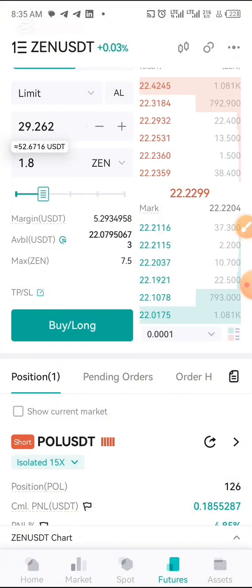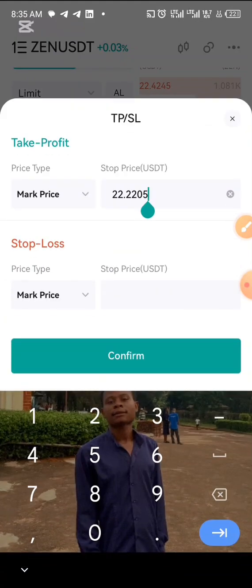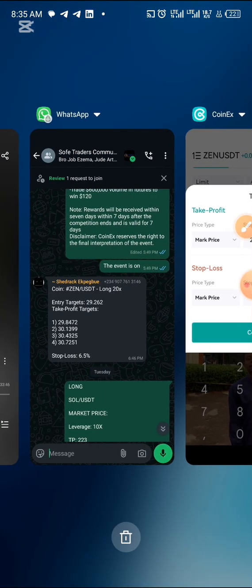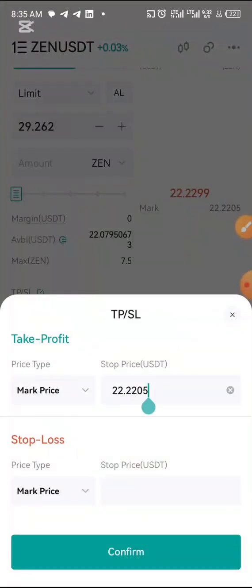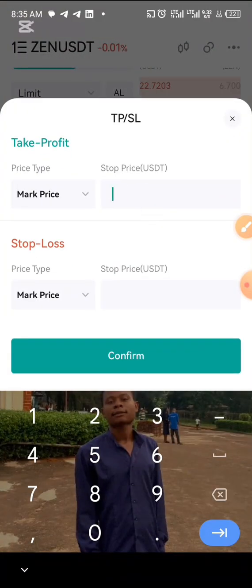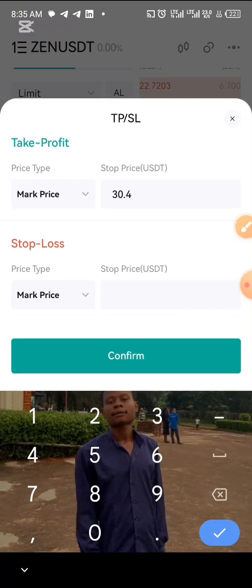So let's come back here, profit and loss. Let's say we go with TP3, that's 30.4. Stop loss, we said stop loss should be 20. Would actually indicate this, not market price, mark price.